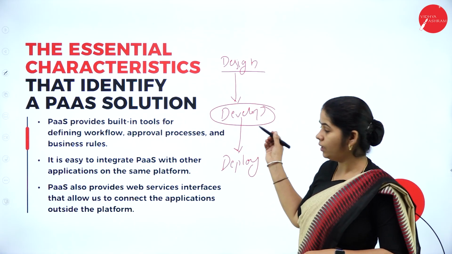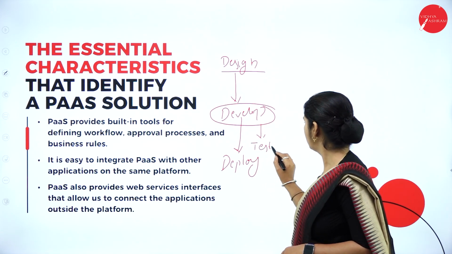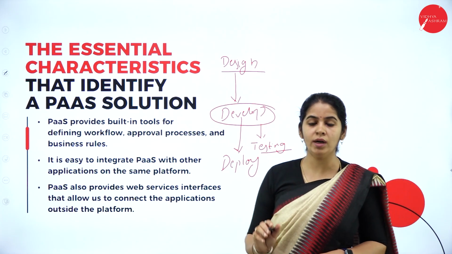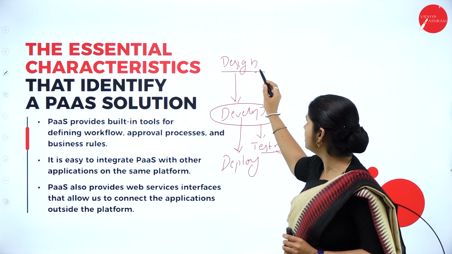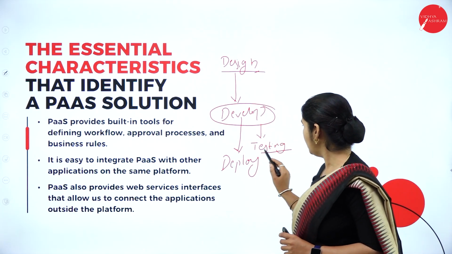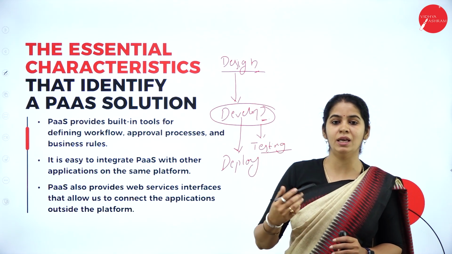Once you have developed, it has to go for testing. Who is going to test whether your designed application is meeting all the requirements of the design or not? That will be done in testing. In development, we have compiling, debugging, everything.